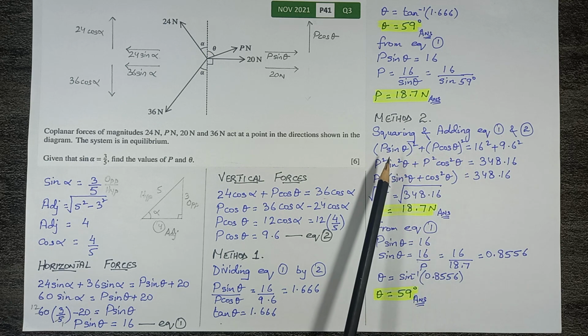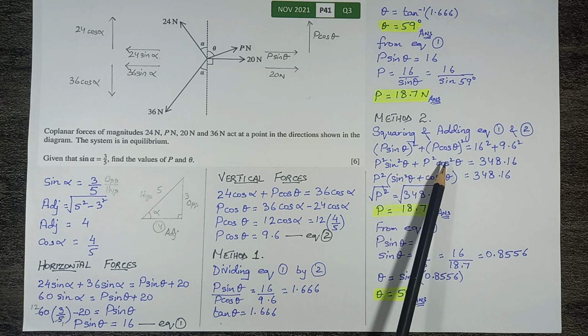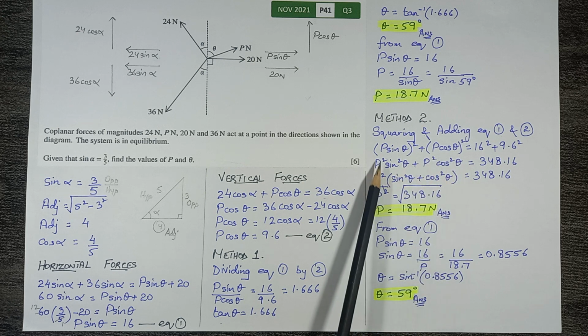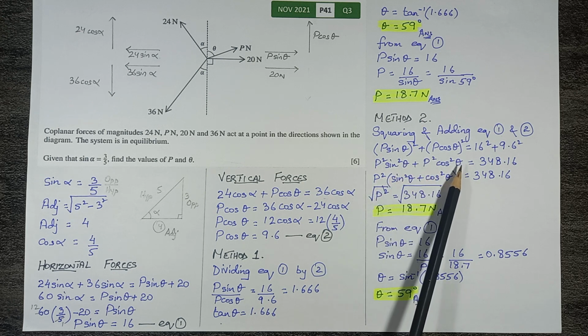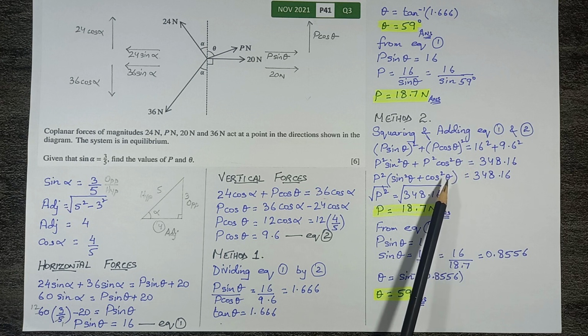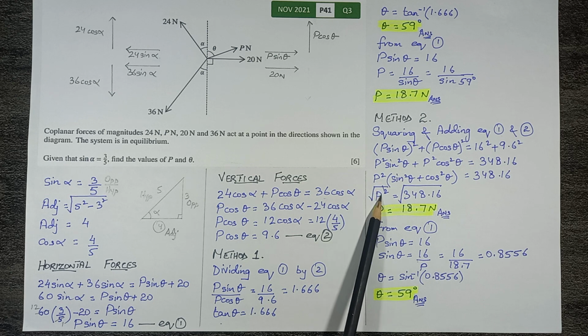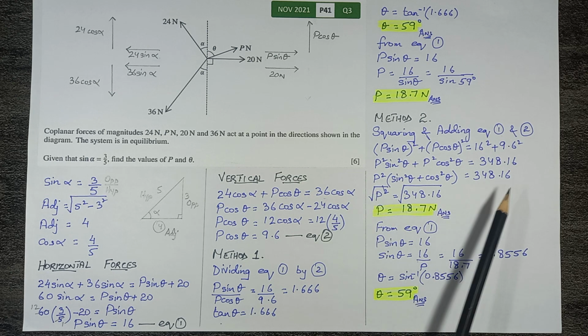Opening up the brackets, it would be p squared sine squared theta plus p squared cos squared theta. Taking p squared as common, we are left with sine squared theta plus cos squared theta inside the bracket, which is an identity equal to 1. So we are just left with p squared equal to 348.16.